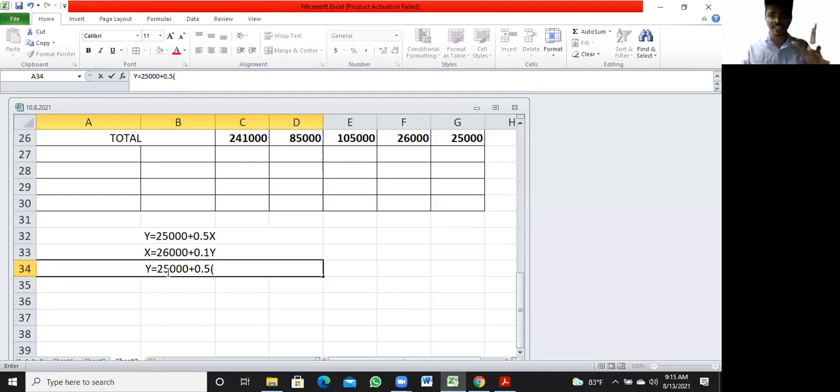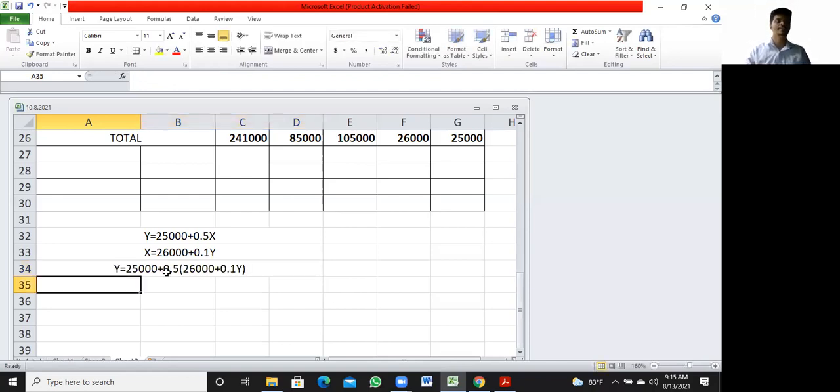We can substitute the value from the second equation. Now you can get the value for Y.